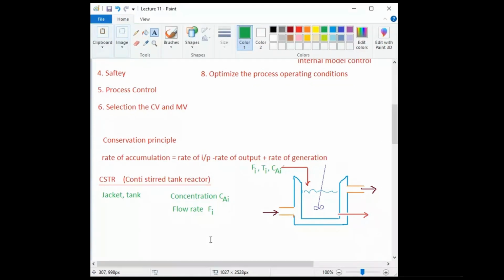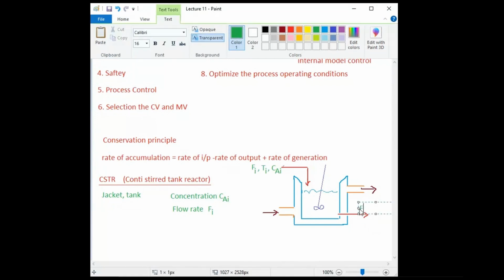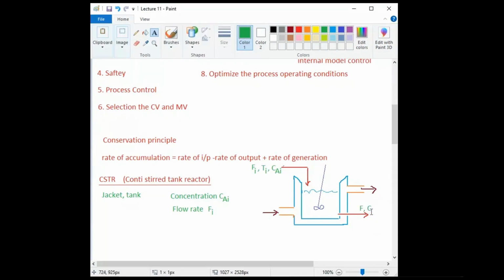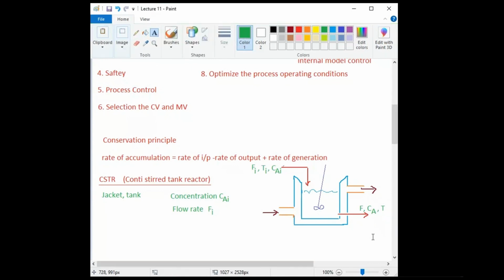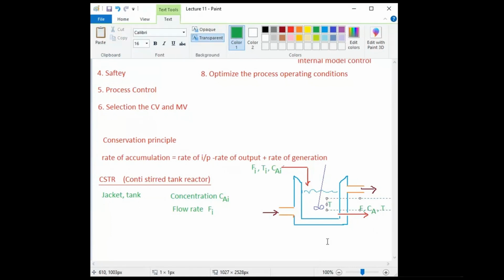So these are at the inlets, and similarly at the outlet we have flow rate F, concentration Ca, and temperature T. And inside the tank also the temperature is T, and here the coolant flow rate is Fc.